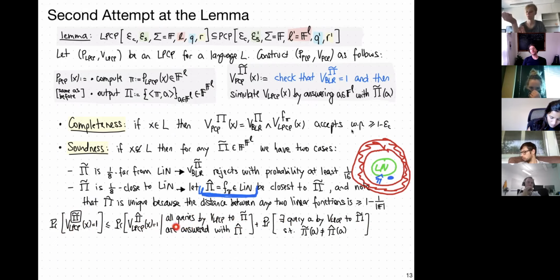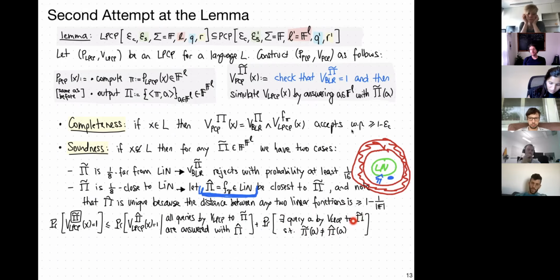If this is the case, then this is exactly as we had before. So I'm saying, what happens if we make these O(1) queries, and they happen to fall on the places where the function is really linear? In which case, we're good. But there is also the probability that we made at least one query where it's noisy, where it's not really the linear function. And then what do we do with that?